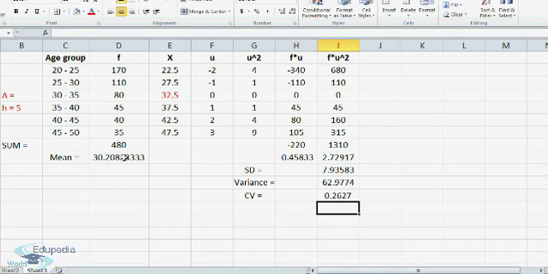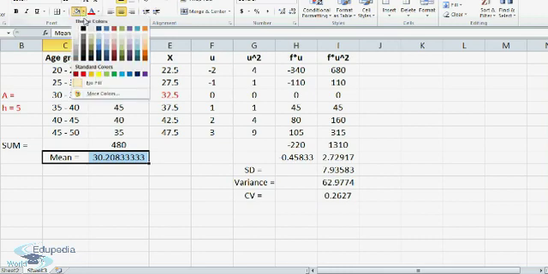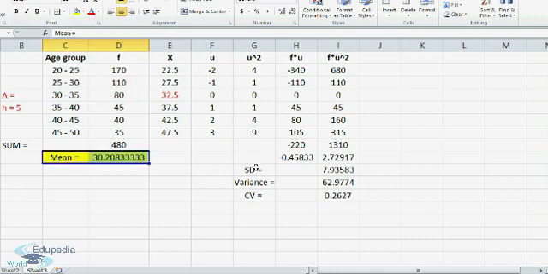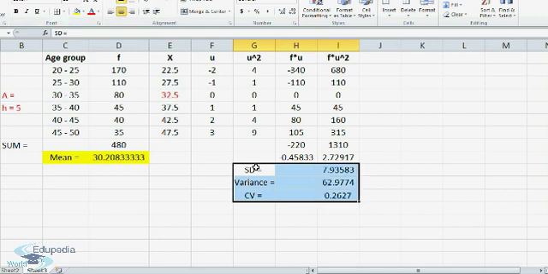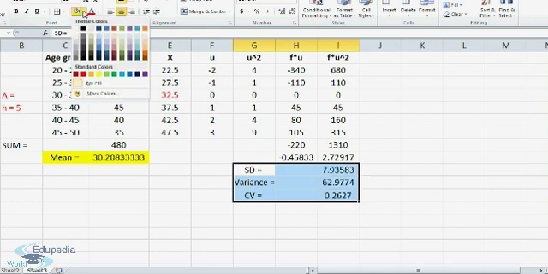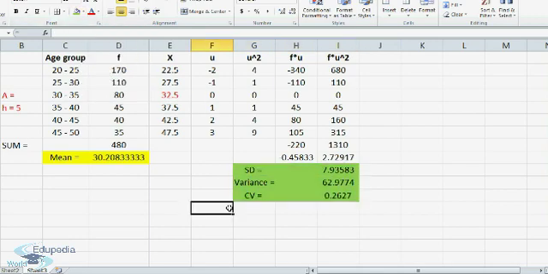Okay, so we now have all the required values here: the mean, the standard deviation, variance, and the coefficient of variation. And with that, we have completed this exercise, and I'm sure by now you must have understood these two shortcut methods.